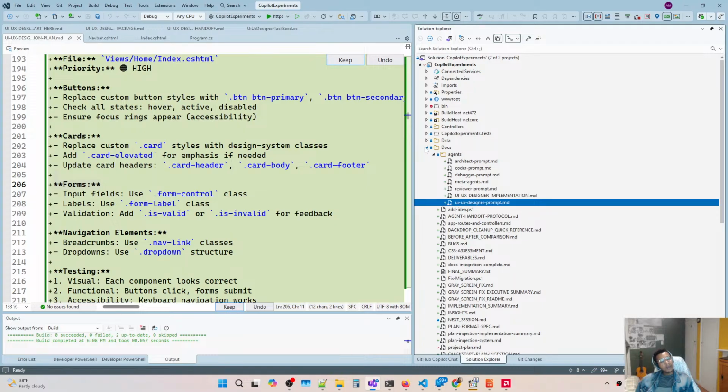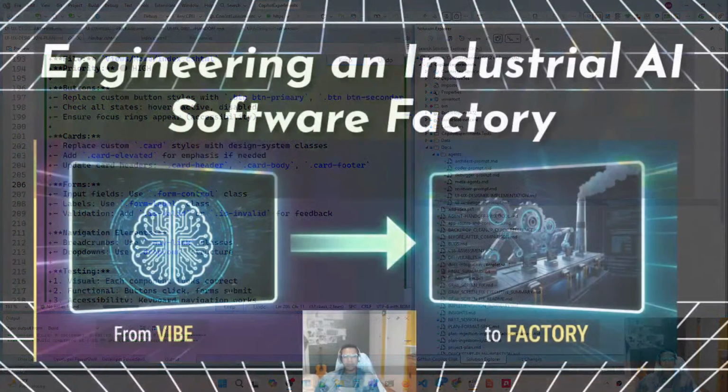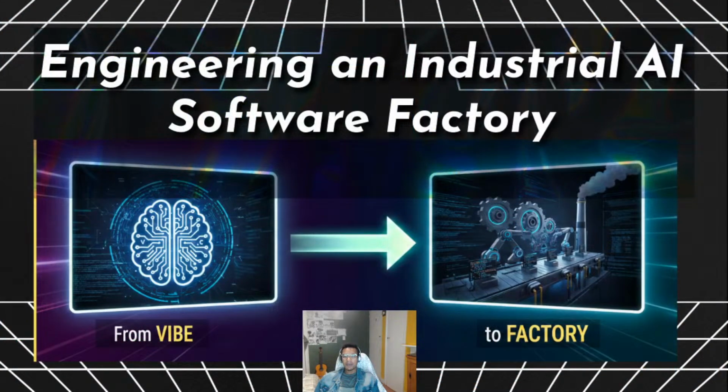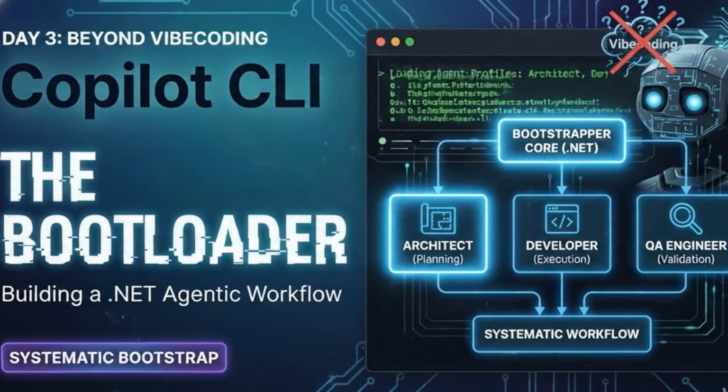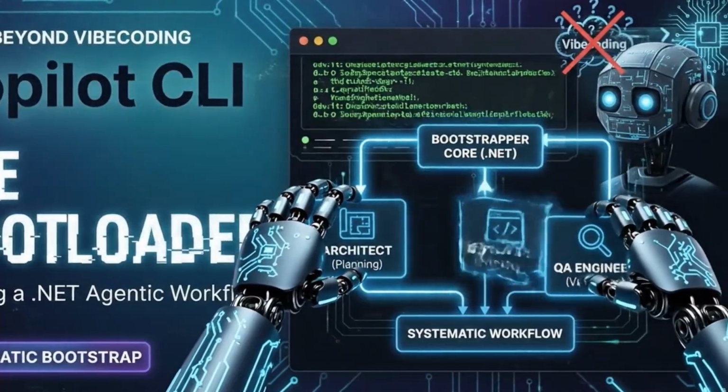So while this is going, let's see what we can do. You see, our splash screen went from Vibecoding to factory. And if we go into our video, yesterday we did our bootloader.